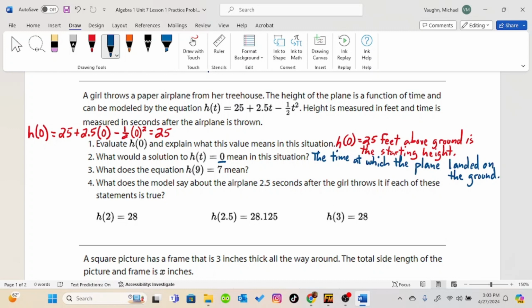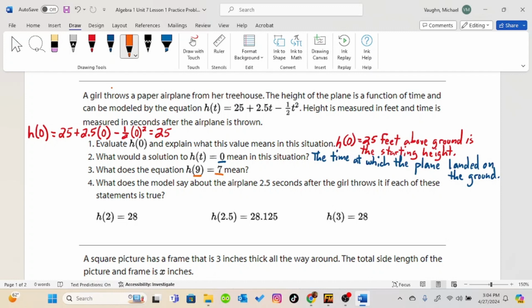Number 3. What does the equation h of 9 equals 7 mean? So 9 is going to be 9 seconds after the plane is thrown, and 7 is going to be the height in feet above the ground.